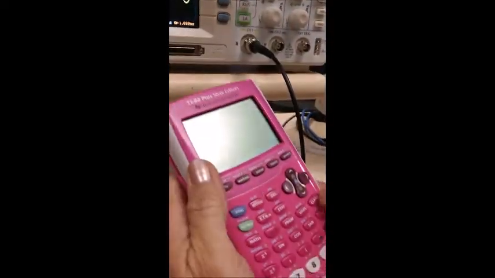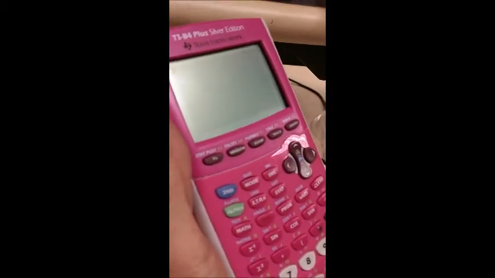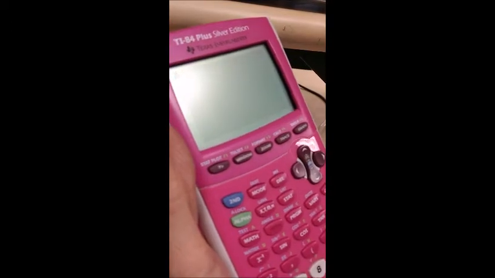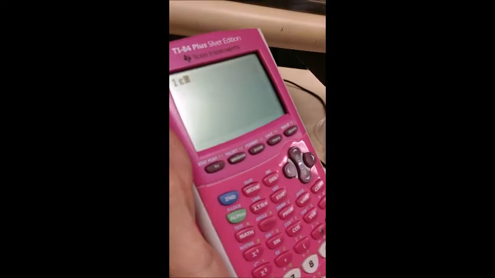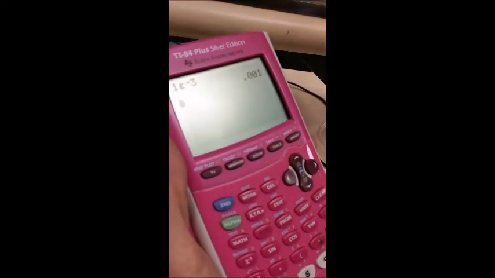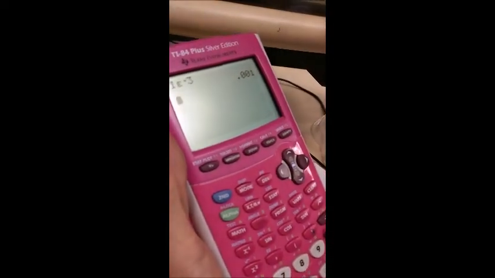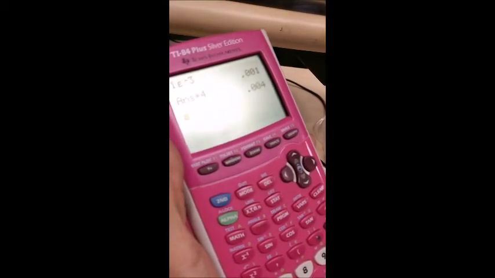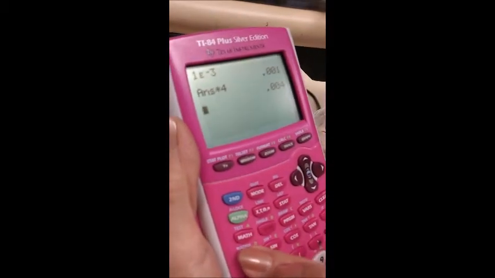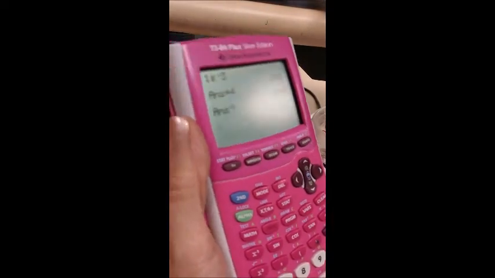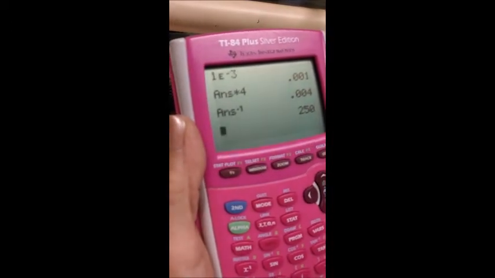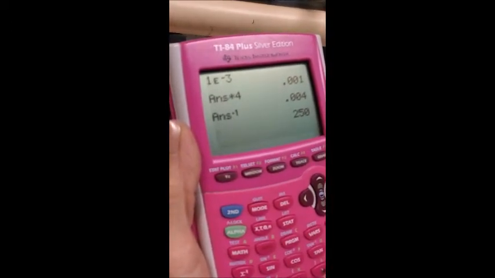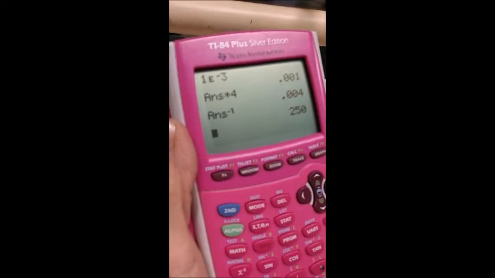So what that would look like, let's go ahead and start with our milliseconds first. We'll take our 1 times 10 to the negative 3, that is our 1 millisecond. We will multiply that by our 4 divisions, and then we will take the 1 divided by that answer. And we get 250 hertz. So for this example across R2, we have 250 hertz.